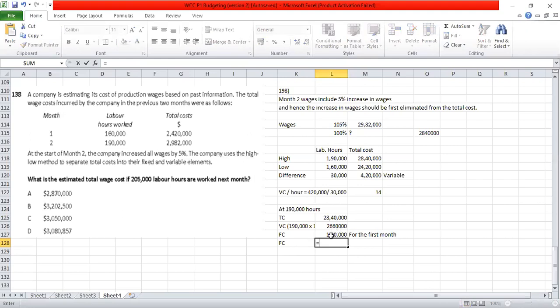It is equal to 180,000, to which we have to add a 5% increase. So to the 100% amount, 5% is added, so it would be 105%, or we can write it as into 1.05. So this will be for the second month.